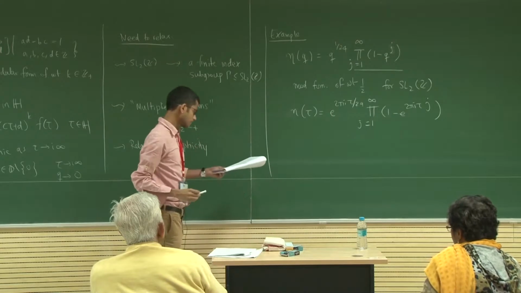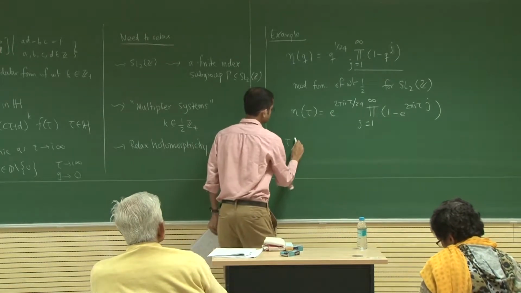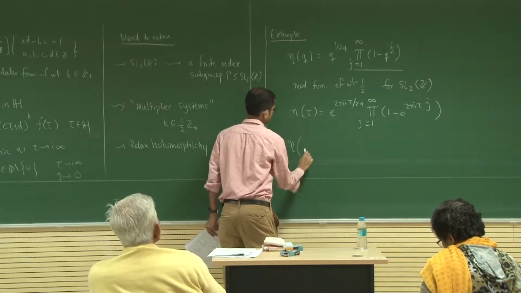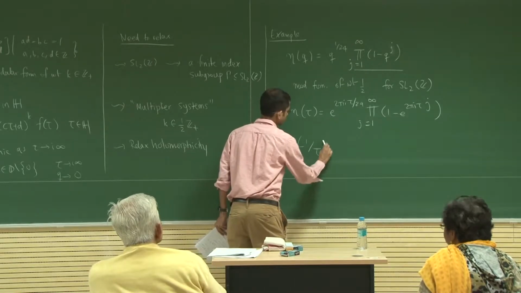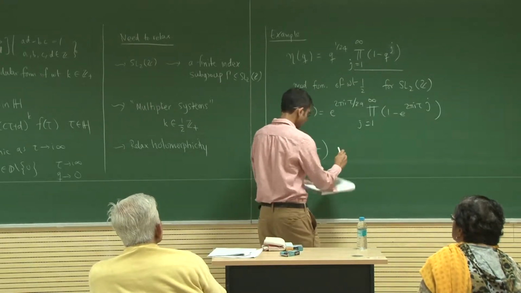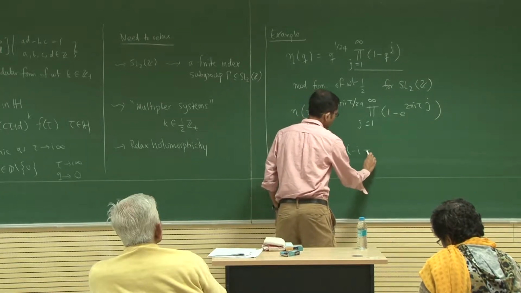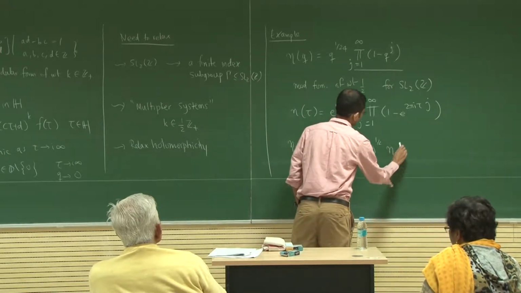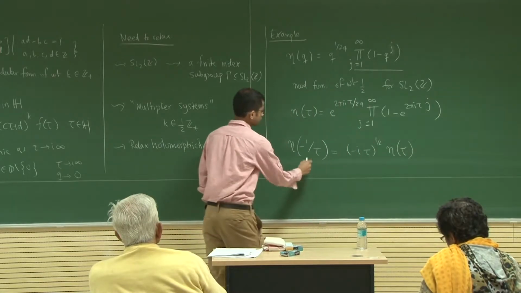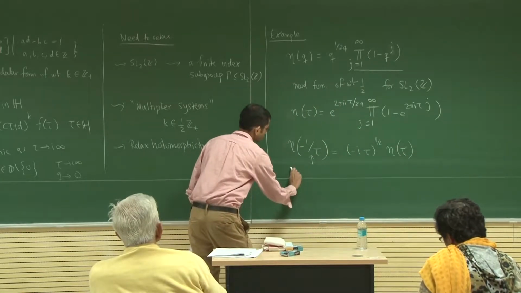Okay. And the transformation properties are, well, the most important one I will write down, I will let you figure out the other one. It is some square root times eta of tau. Okay. So, this is the S transformation.